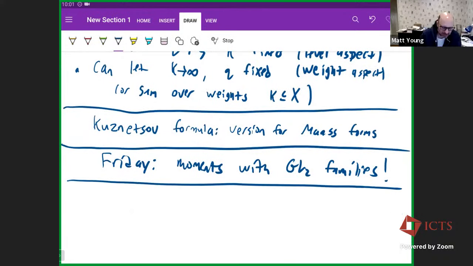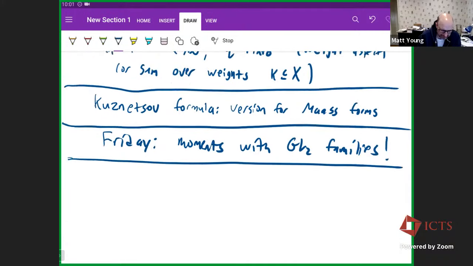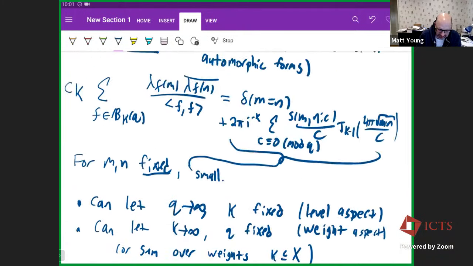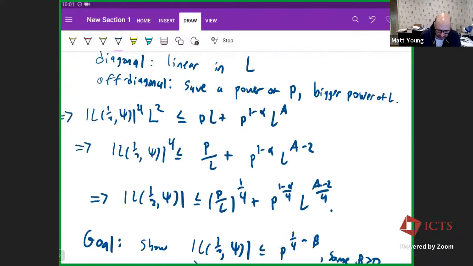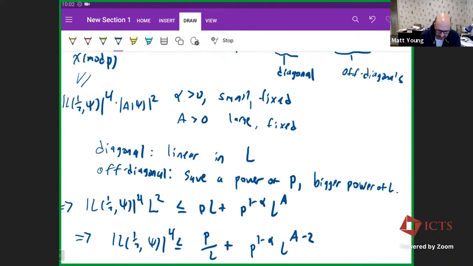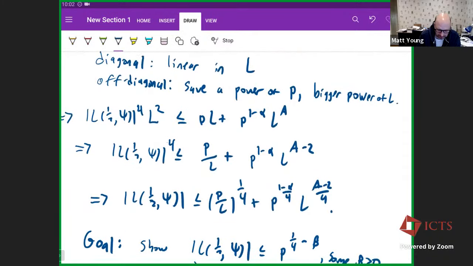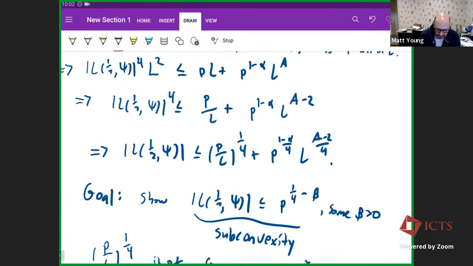What I was getting at was this: if I only did this with the second moment, I would get something like P over L to the 1/2 plus this other correction factor.